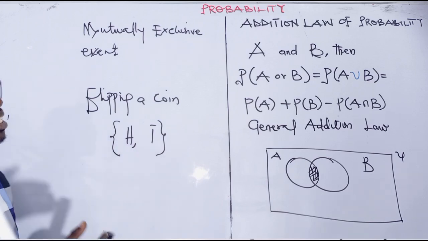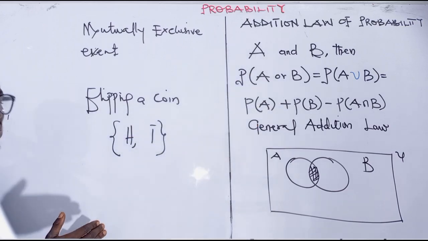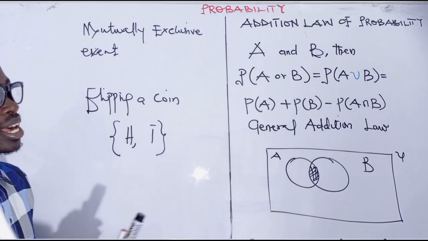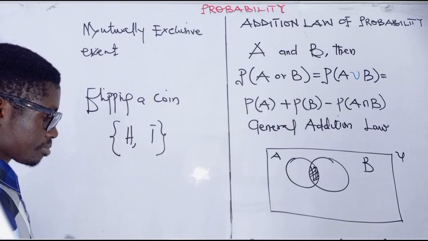So if events A and B are mutually exclusive events, then A and B have nothing in common, and therefore this intersection will become 0.